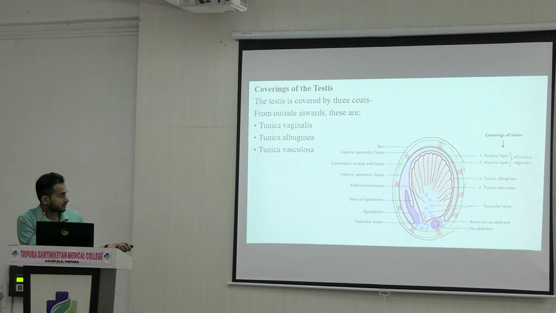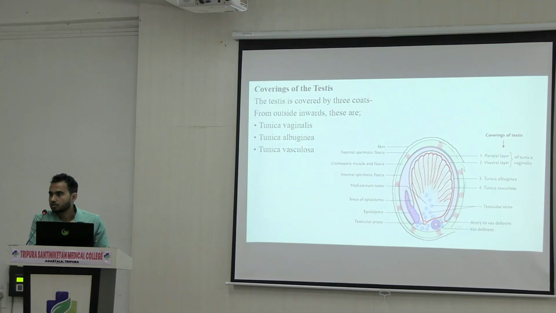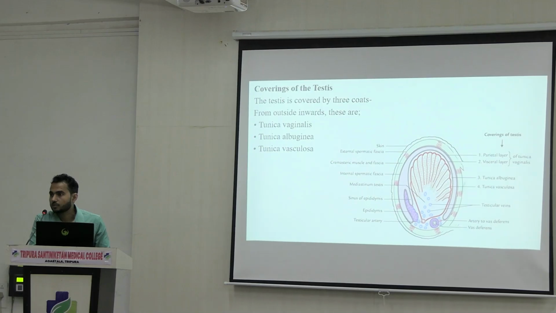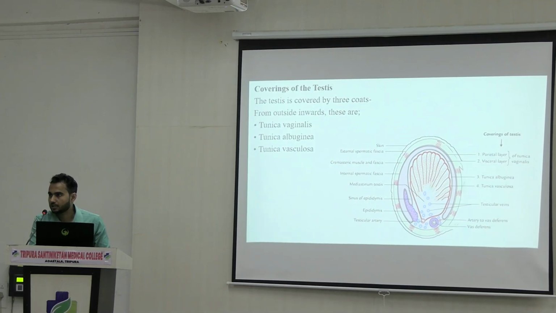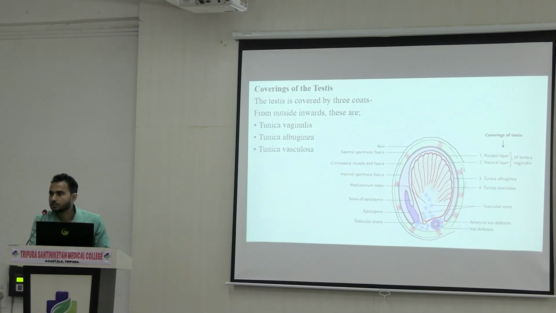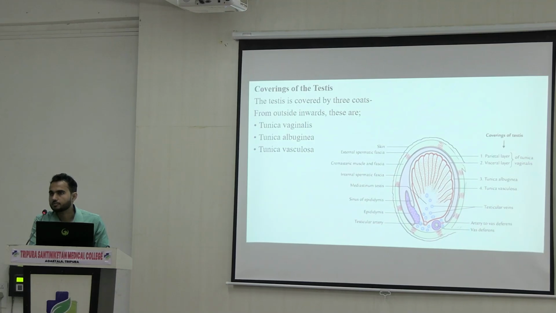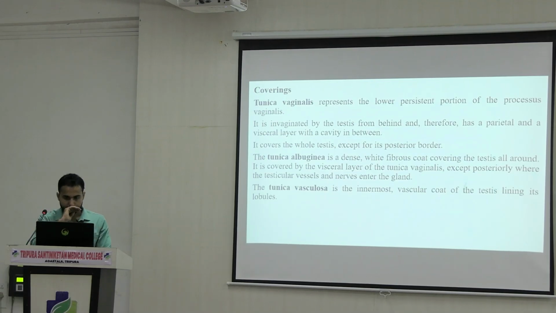Why? Because blood vessels have to enter. How will they enter? Through that posterior border only. That's why most of the layers are absent in that particular area.